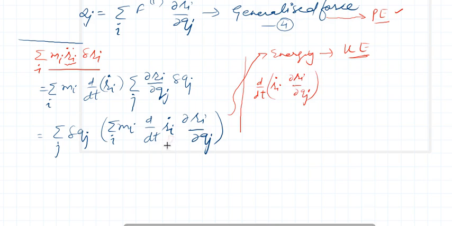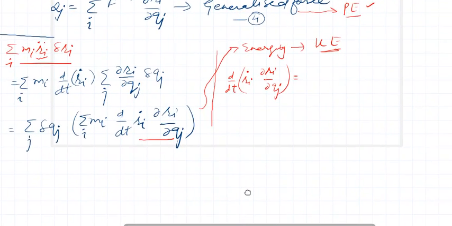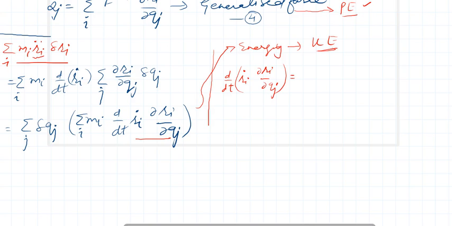I have taken this in product form and then applied the product rule, and it can be written as d by dt of ri dot curly ri by curly qj plus ri dot d over dt curly ri by curly qj. That's what we have used here.